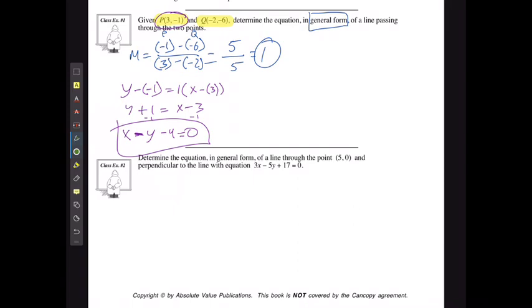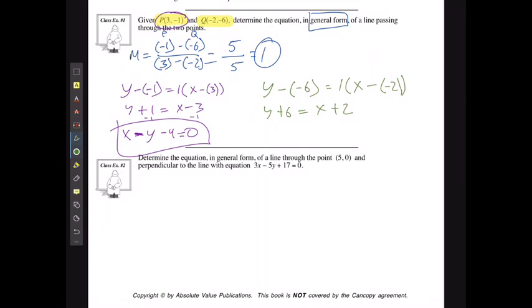Now, what if I picked point Q instead? Well, then I'm going to say that I have y minus y1, which is going to be -6, is equal to 1 bracket x minus x1, which is going to be -2. This is going to give me y plus 6 is equal to x plus 2 because of those double negatives.